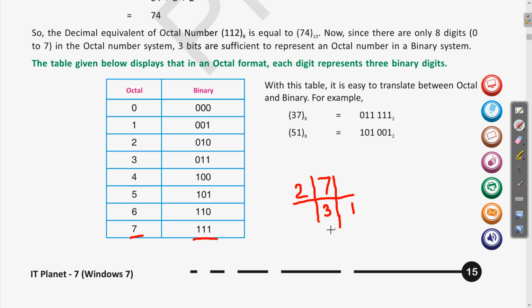Then again divide by 2, 2 1s are 2, remainder is 1. So here we have got the 1. Write this in the inverse order, and the answer we have got is 1 1 1. The same you can see here also. So this way you can convert any octal into binary.